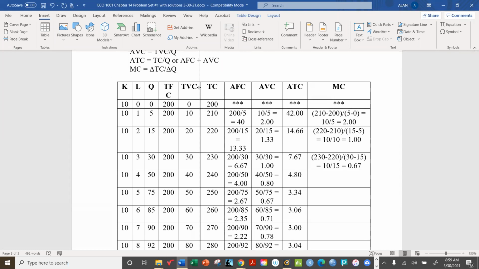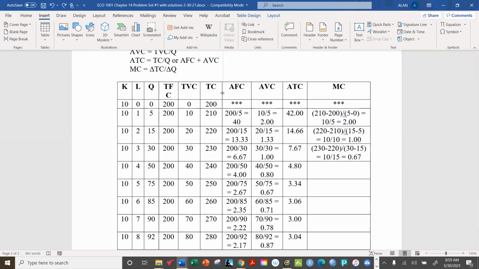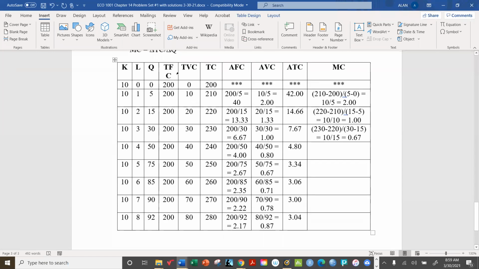Trying to make this as neat as possible. I'm running into my limits here.